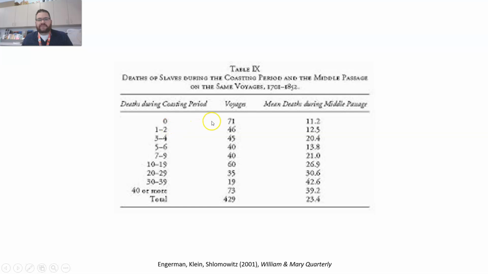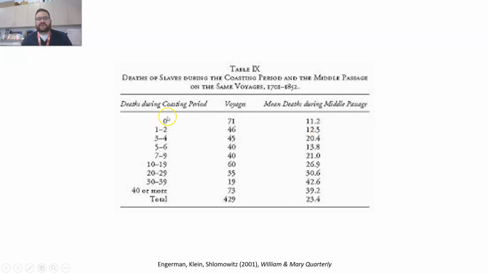forcing the African individuals onto those slave ships. So there were 71 slave ships where there were no deaths during the coasting period. However, mean deaths during the Middle Passage, and mean means average in this case, there were an average of 11 deaths on the slave ship during that transportation of kidnapped and captured African slaves from Africa to the Americas.